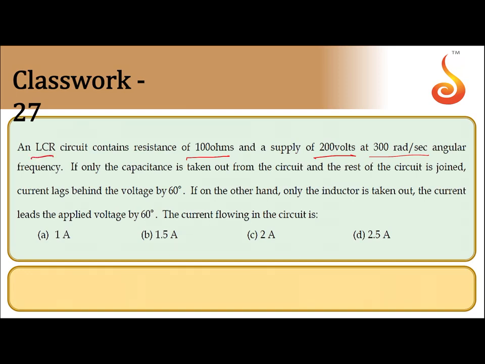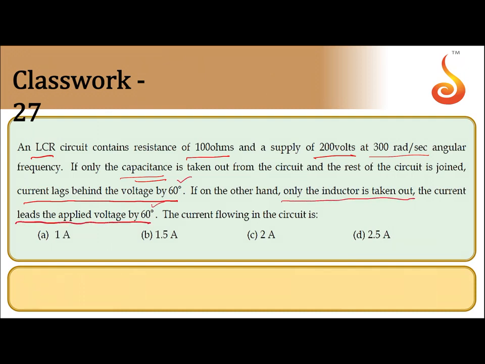When only capacitance is removed, current lags behind voltage by 60 degree. If you put it back, what happens? We don't know, right? That is not given. That's only we have to find out. If on the other hand only inductor is taken out, the current leads the applied voltage by 60 degree.